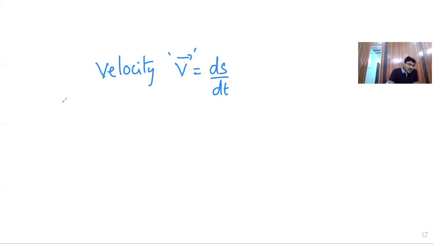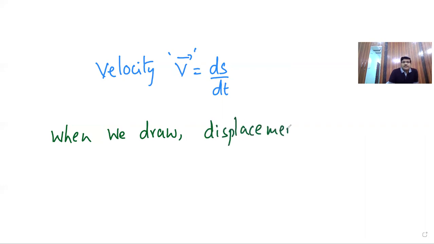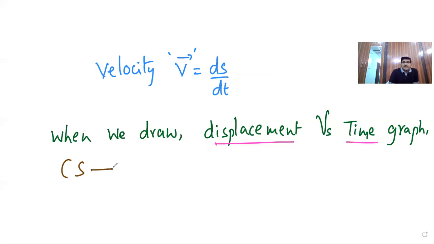Now, we get this velocity when we draw a displacement versus time graph, that means the ST graph.